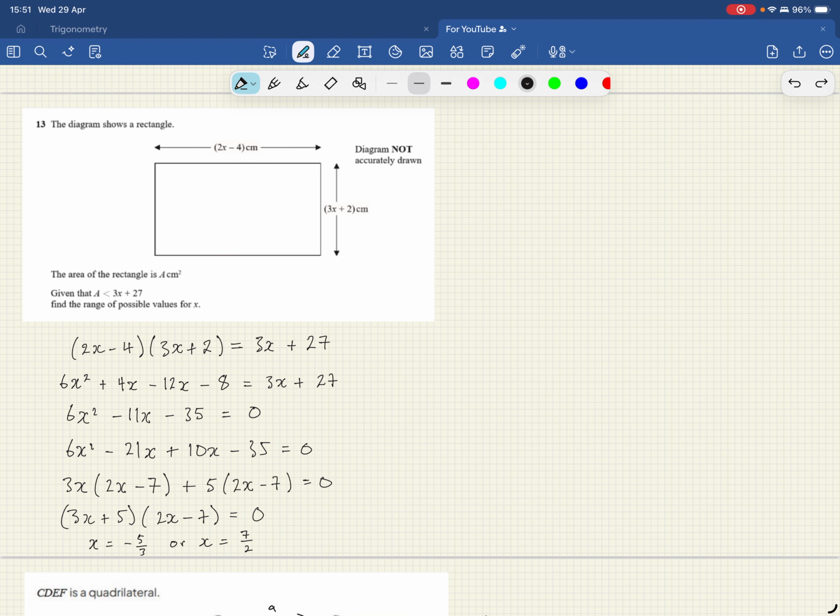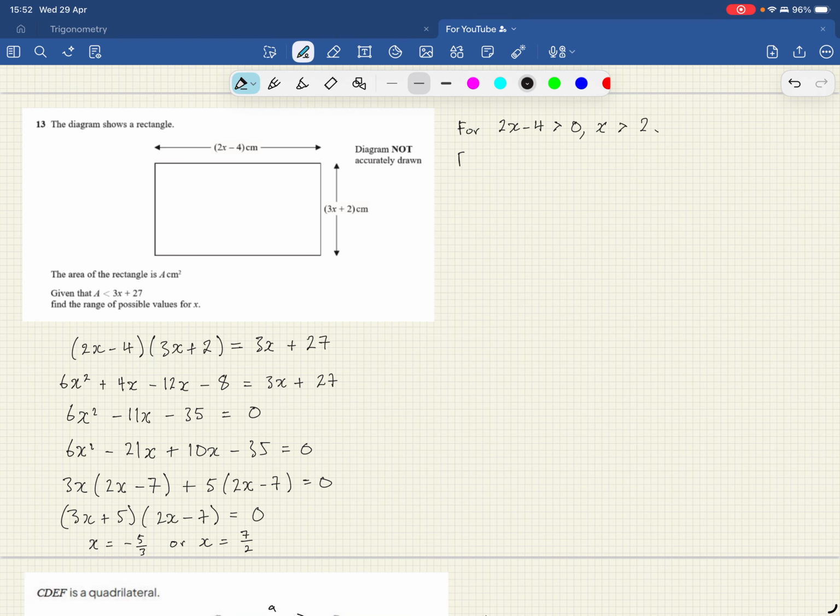According to the sides, if I say for 2x minus 4 to be greater than 0, and it must be greater than 0, it can't be 0, this side length here, because then we won't have any sort of rectangle at all, then we must say x is greater than 2.